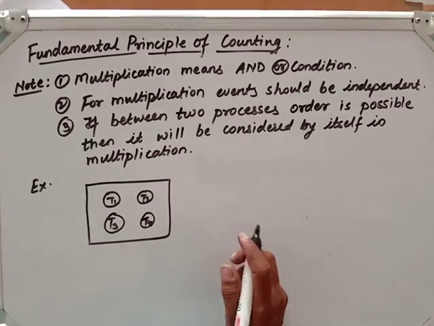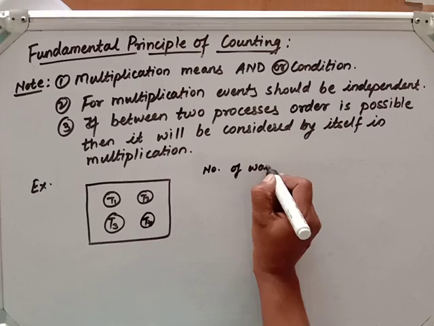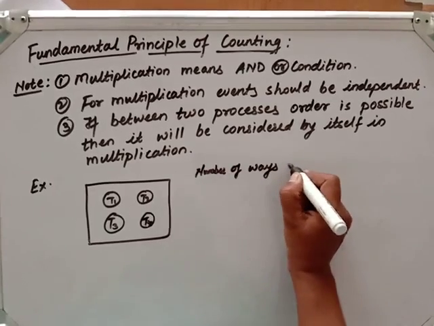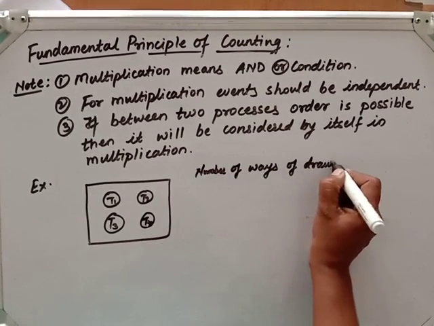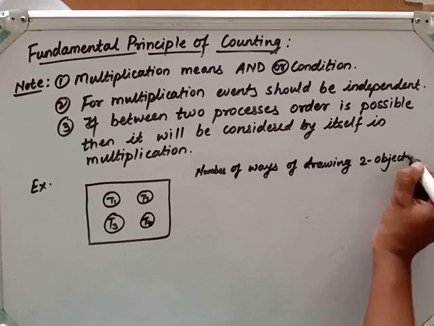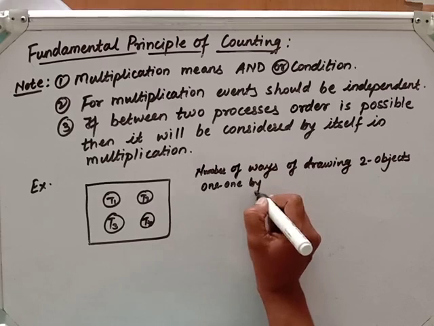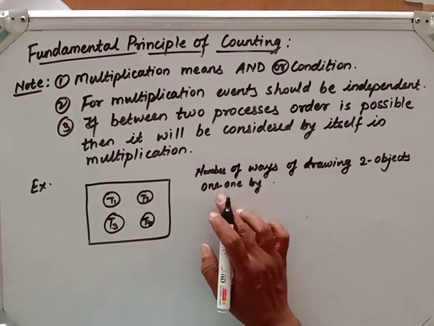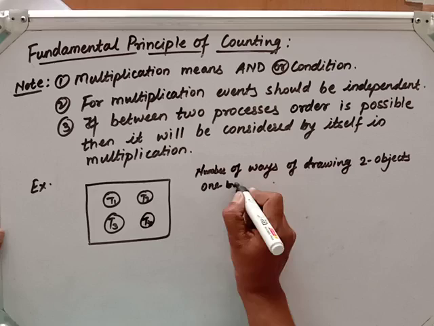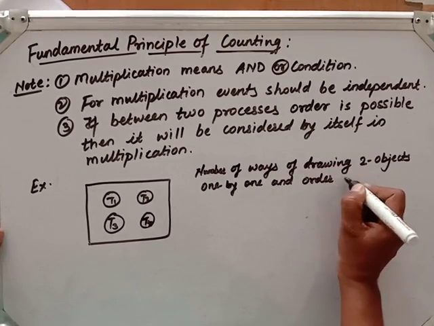So I must write the question: number of ways of drawing 2 objects one by one, and order matters.